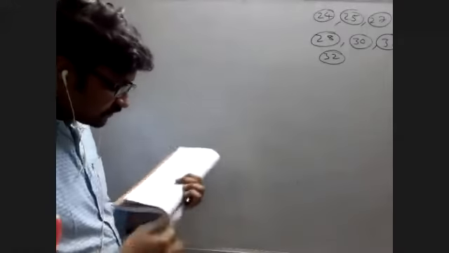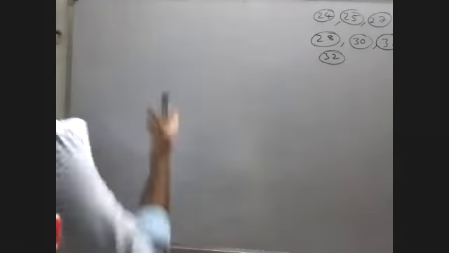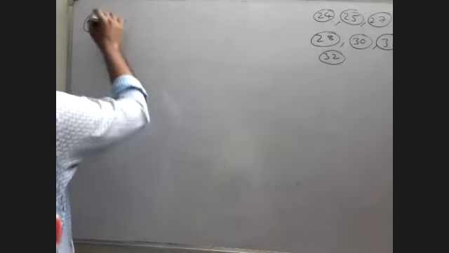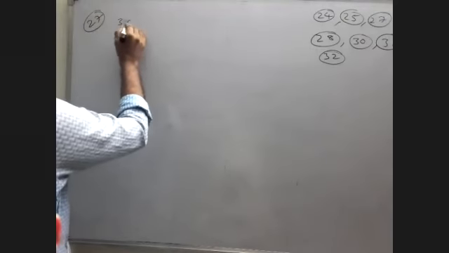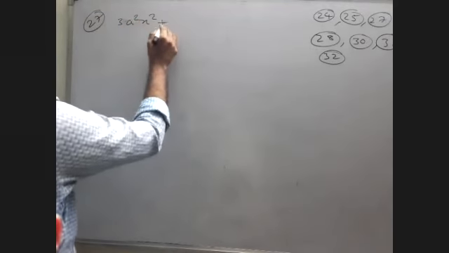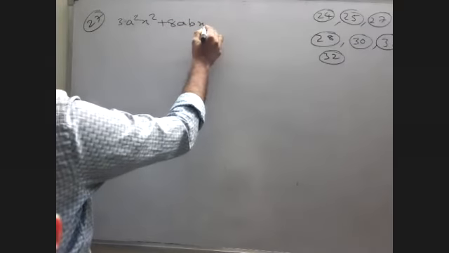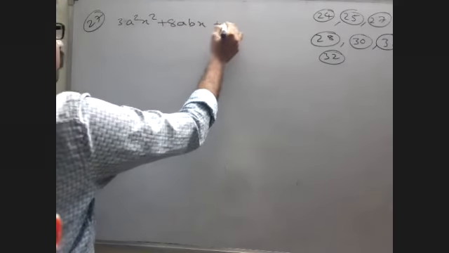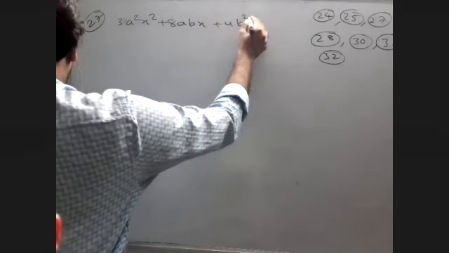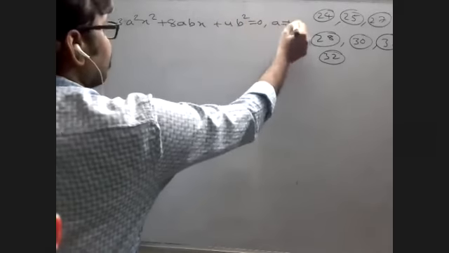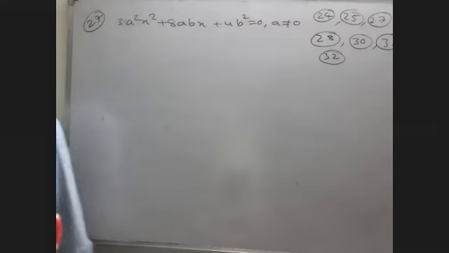That question number 27 is, 3a square x square plus 8abx plus 4b square is equal to 0, where a is not equal to 0. We have to find the solution set for this.